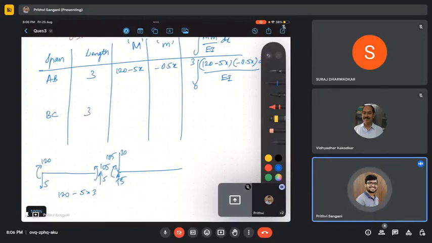So you can write BC as length 3, and you also have 105.